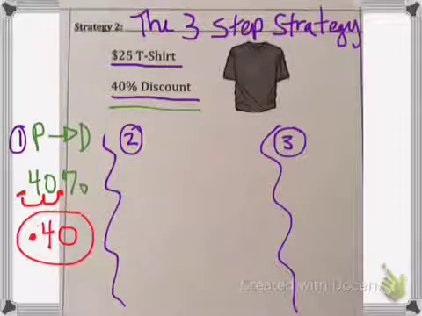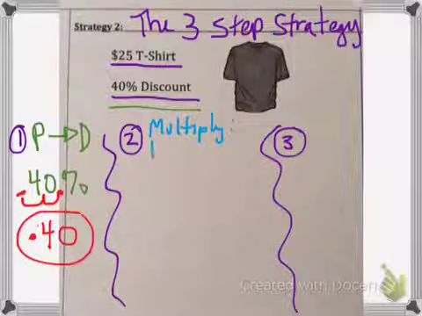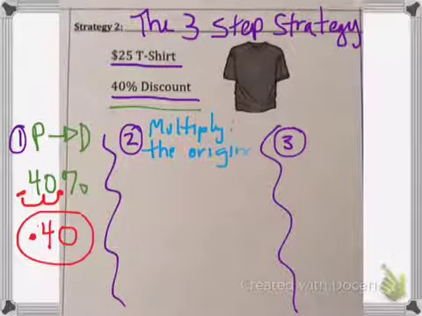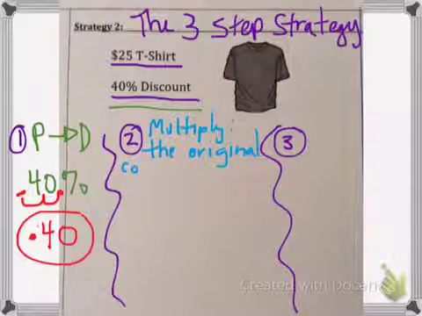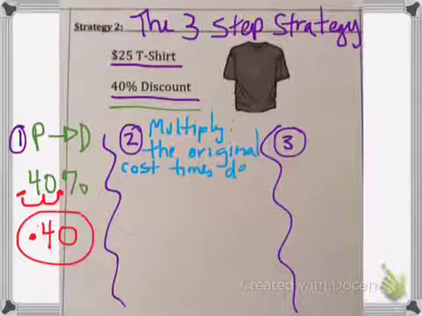That's step 1. Step 2 is to multiply. This should be written in your notes. We're going to multiply the original cost times the decimal.